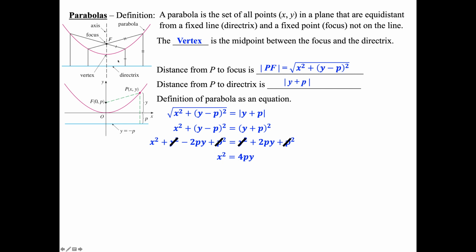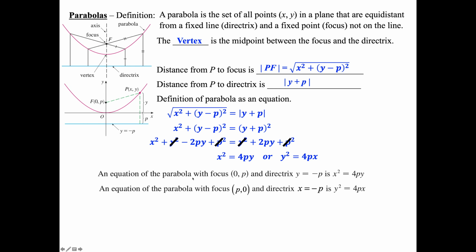Now, so here these are not technically functions. So we can have y squared equal to 4px. Now those would be parabolas that open to the right or to the left that obviously don't pass the vertical line test like these two parabolas do, but it's a conic section. We can now have parabolas opening left and right, and we have an equation for them.